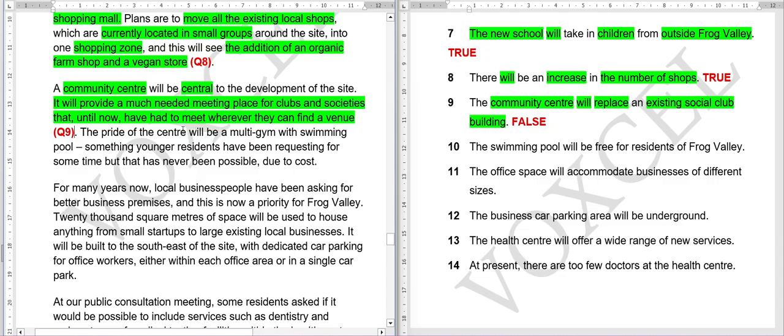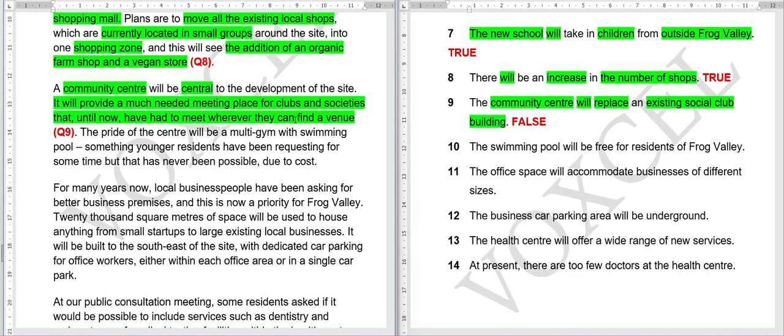So they are holding their meetings wherever they can find a venue. There is no one particular place where they are holding their meetings. So if there is no social club available, there is no question of replacing it because there is none present right now. So false.